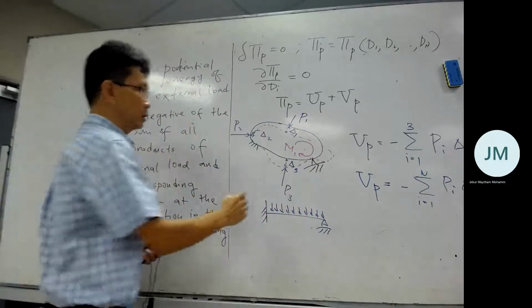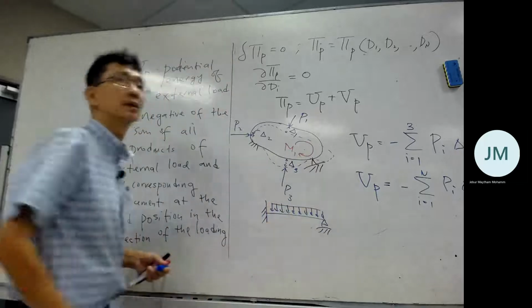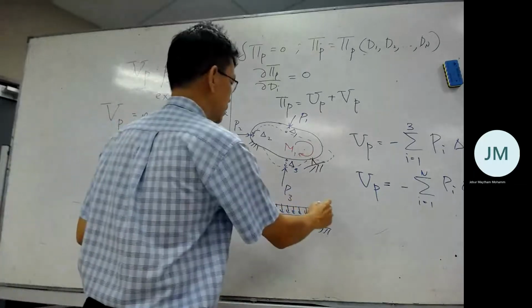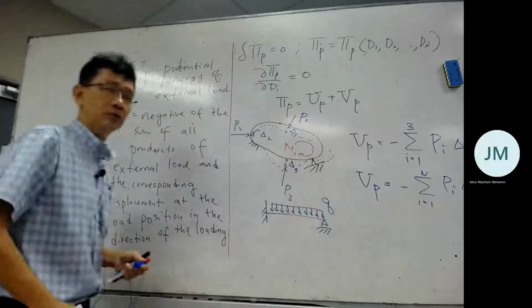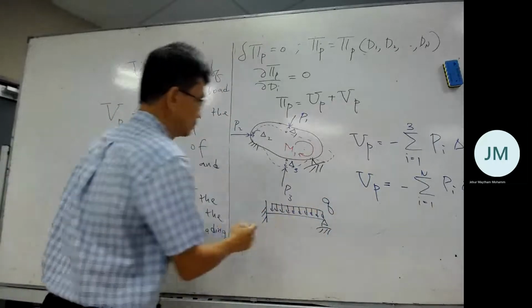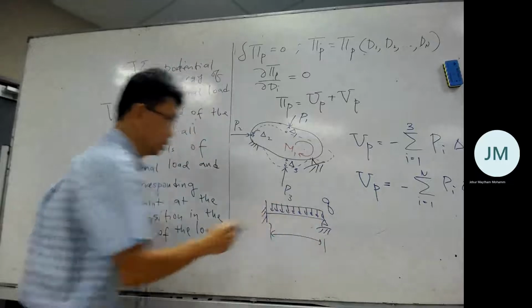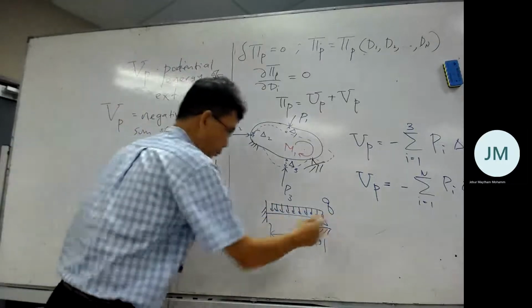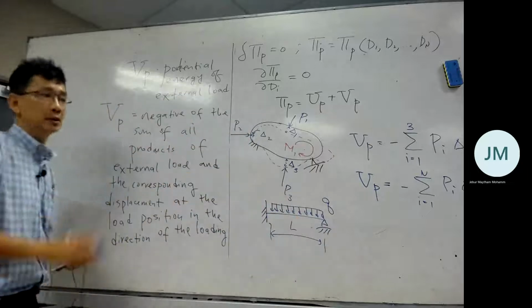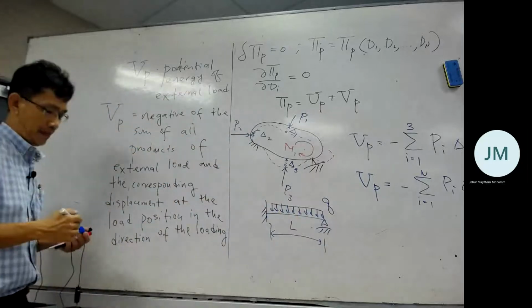For distributed load, the intensity of the distributed load is q, and the range where the loading is distributed, let's say, is L.